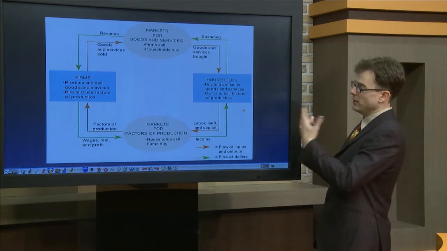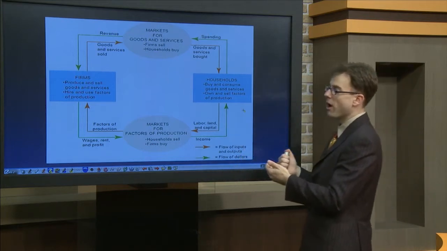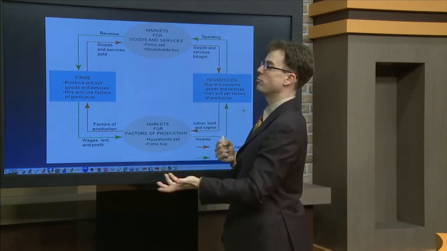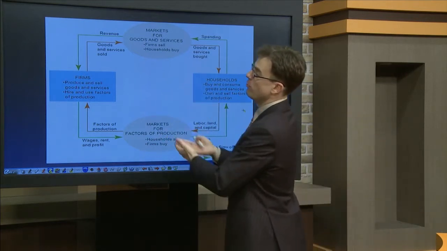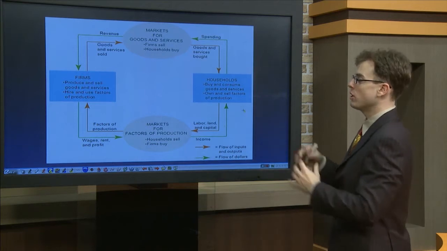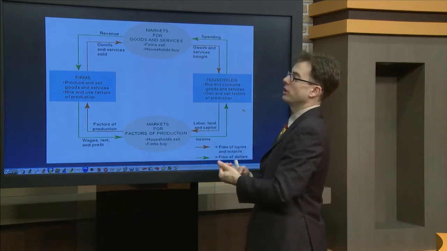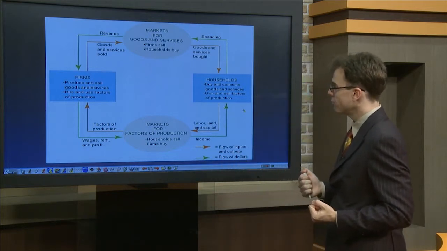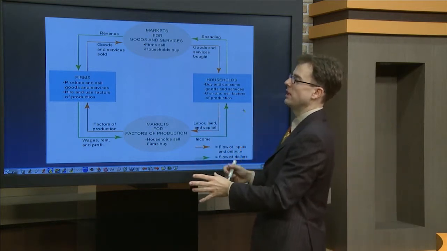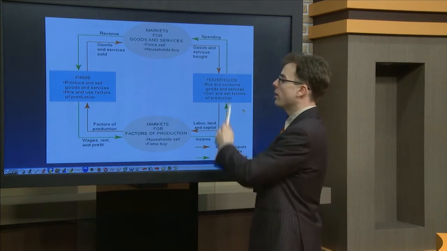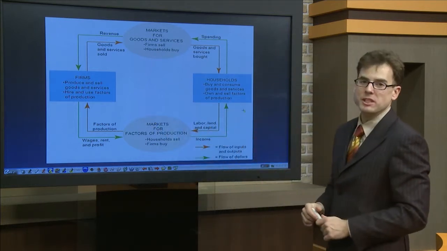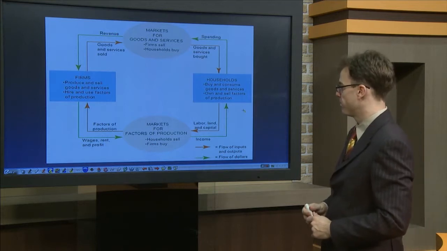And you may think that if we are interested in the relationships between, let's say, firms and banks, we would have to make this diagram more complicated. We could introduce more participants, more flows of resources. But if we are only interested in the interaction among households and companies, then this representation suffices.